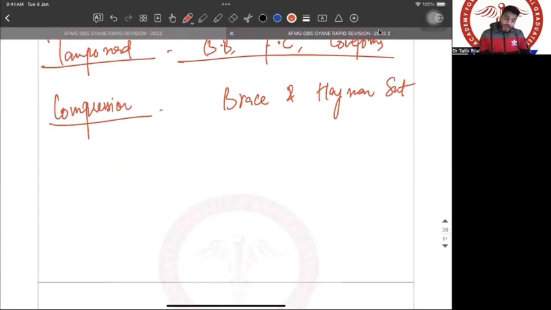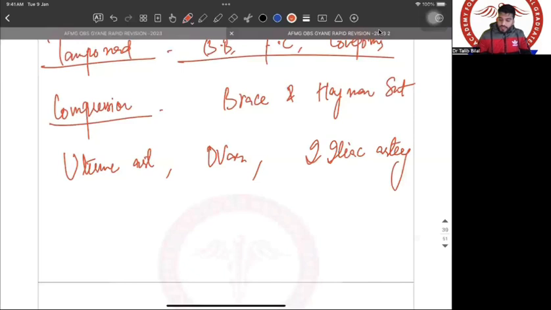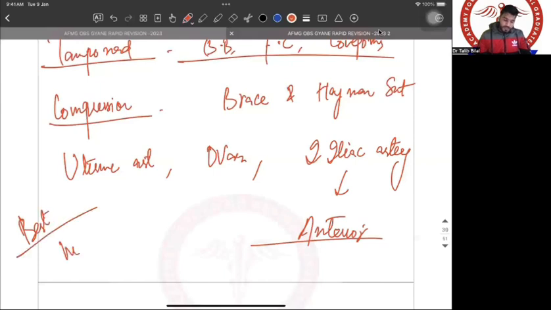Then the order in which the arteries are ligated: it's the uterine artery, my dear students, followed by the ovarian artery, followed by the internal iliac artery. Which branch of the internal iliac artery? The anterior branch of the internal iliac artery. But the best management will be, my dear students, hysterectomy.